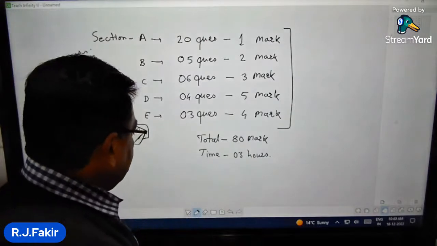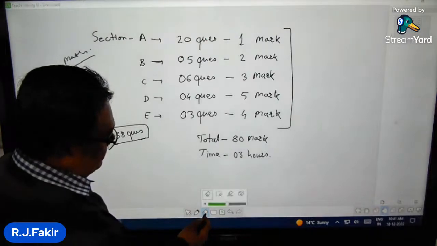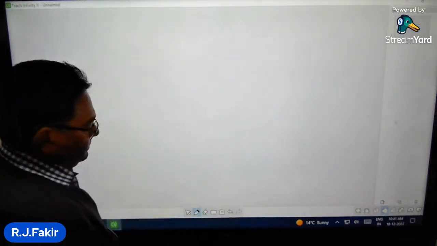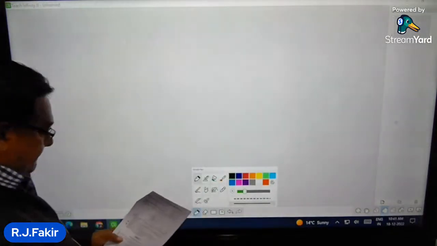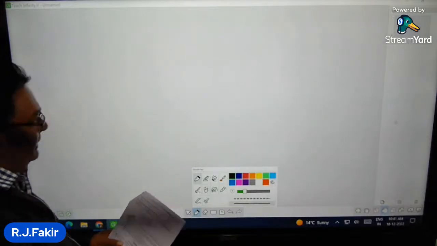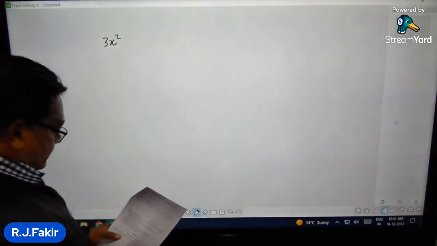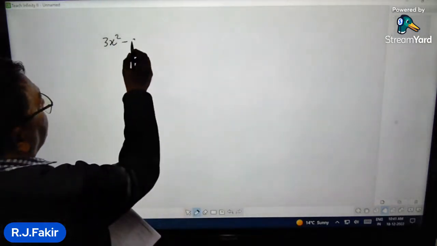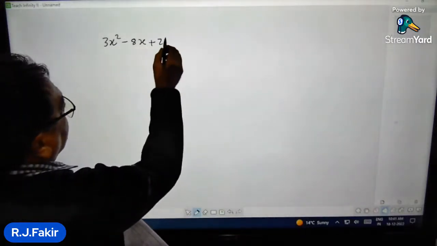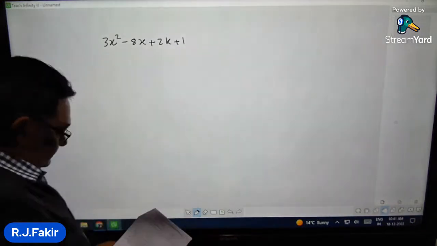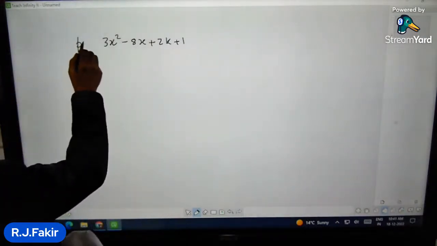So here you will find questions like if some polynomial is given to you like 3x square minus 8x plus 2k plus 1. This is some polynomial in x. We can call it p(x).